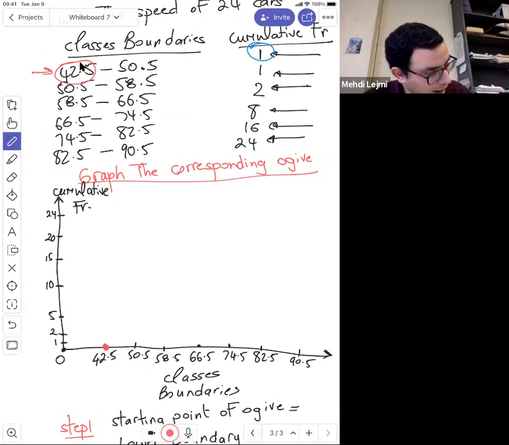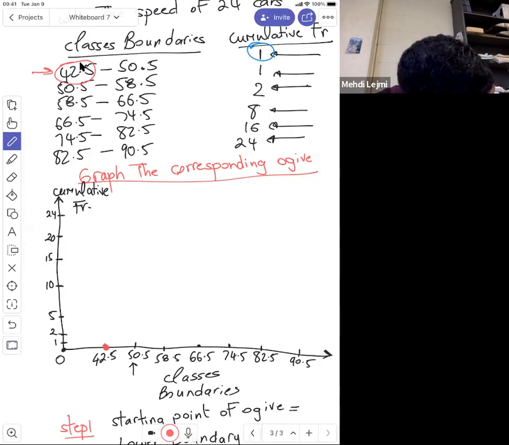So what we do is we go to the next class boundary, which is 50.5, and we represent the cumulative frequency of the first class, which is 1. So we go up to this point here; its height is 1.